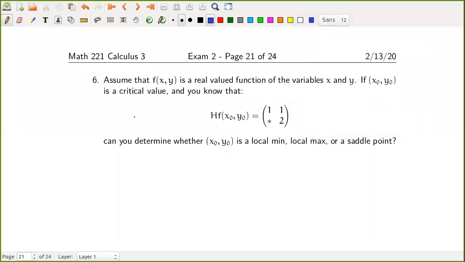Similar to the last one, if we don't know that f satisfies Clairaut's theorem, then basically we can't do anything because we don't know anything about the determinant of this Hessian.